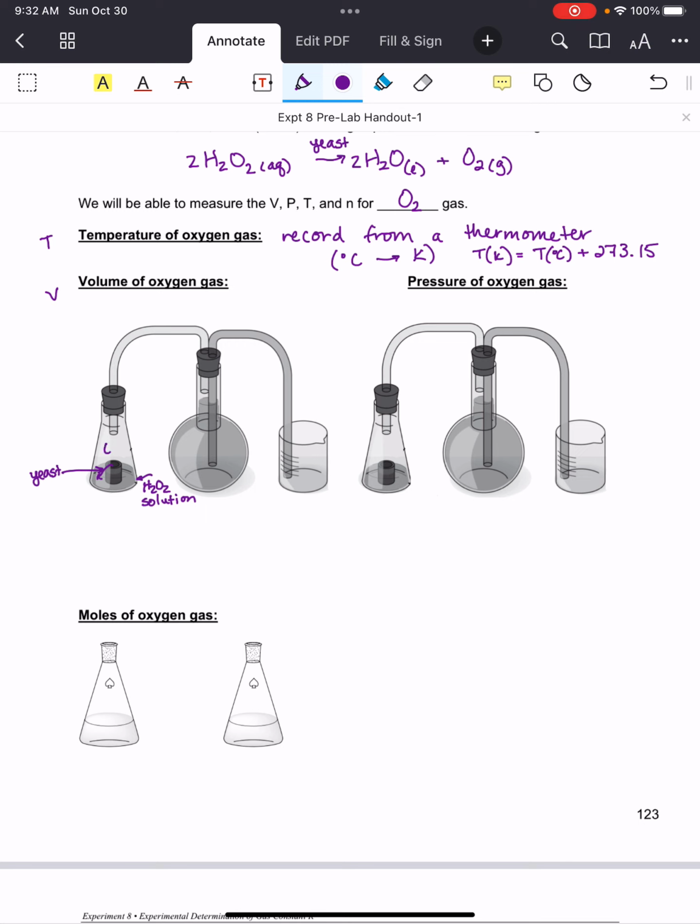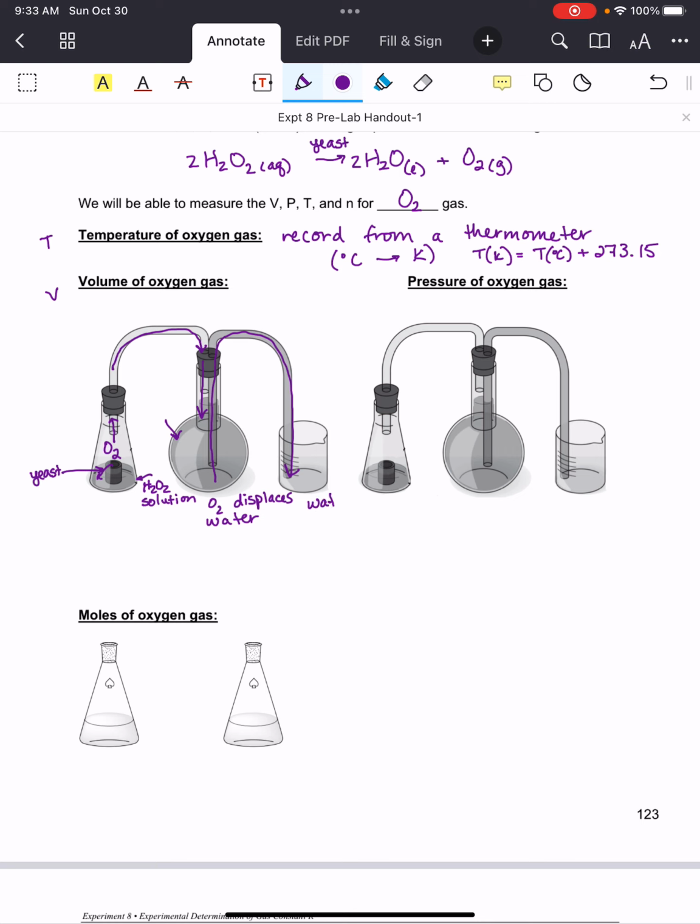As the reaction happens, oxygen forms and it will go up through this tube and into the next container, where it will displace water from our Florence flask. So oxygen will be displacing the water in the middle flask. As the water is displaced, it will go up through this tube and into our beaker.